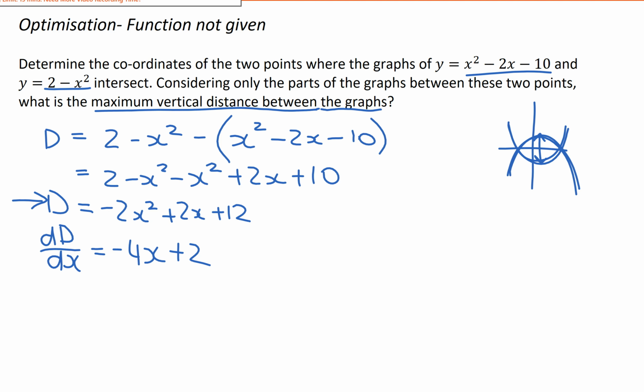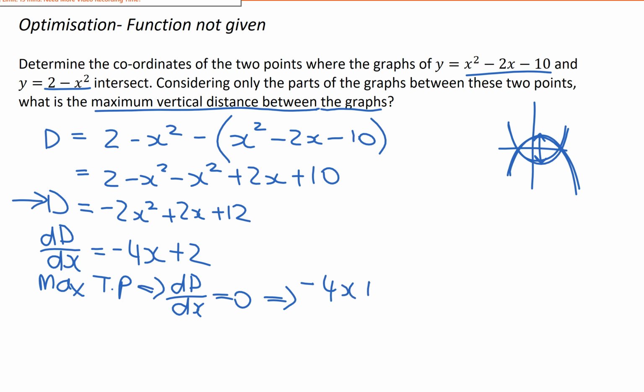Maximum turning point refers to what? Maximum turning point implies that my gradient function is equal to 0. So therefore, negative 4x plus 2 equals 0.